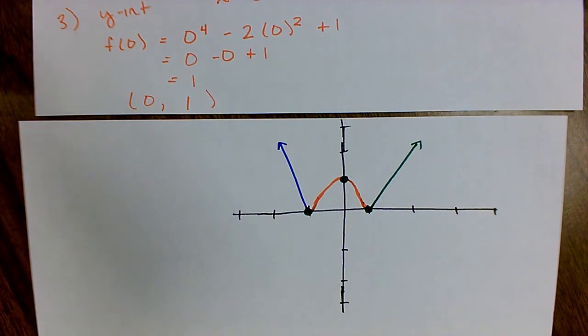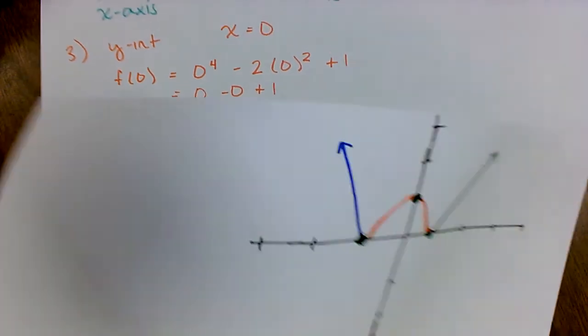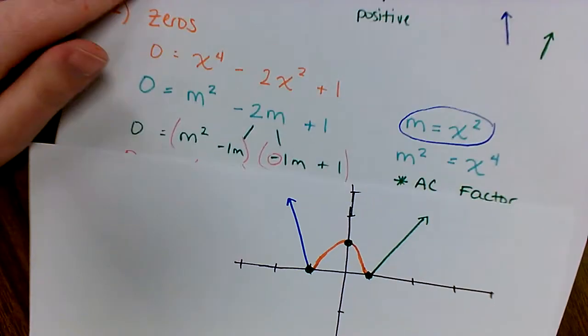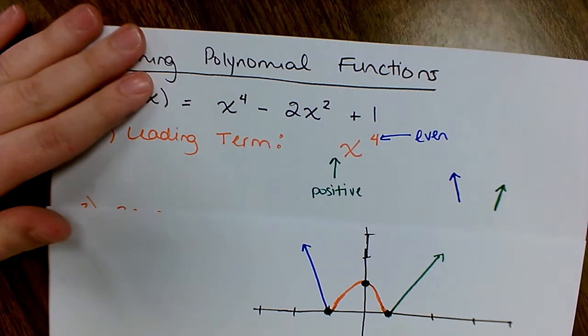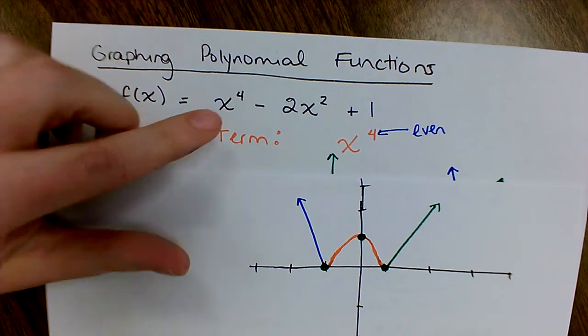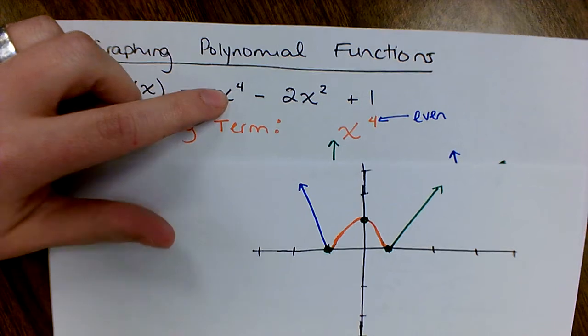Steps 4 and 5 are checks for you to make sure it makes sense. You can look for symmetry by plugging in negative x to see what kind of symmetry it has, and you can look at the max number of turning points. Based off of turning points for this problem, what is the degree of my function? The degree is 4.